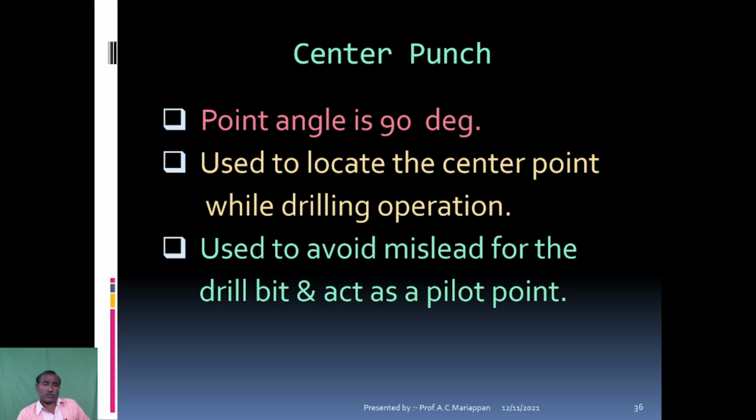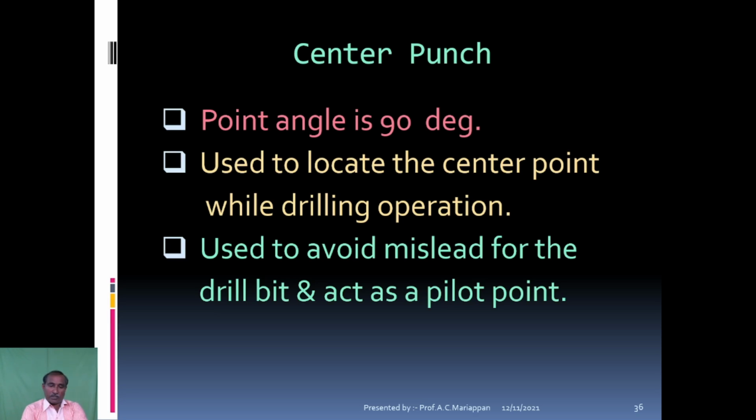Then the center punch. The point angle is 90°, used to locate the center point while running your operations. Use it to avoid drift of the drill bits and to act as a pilot. At the time of drilling, the hole should be oriented along the axis of the machine spindle.